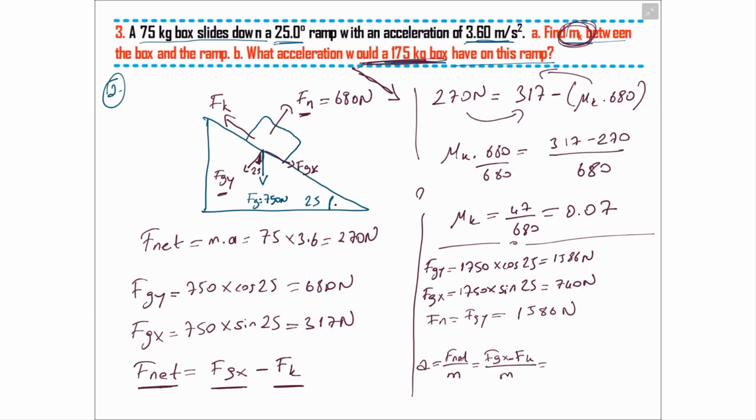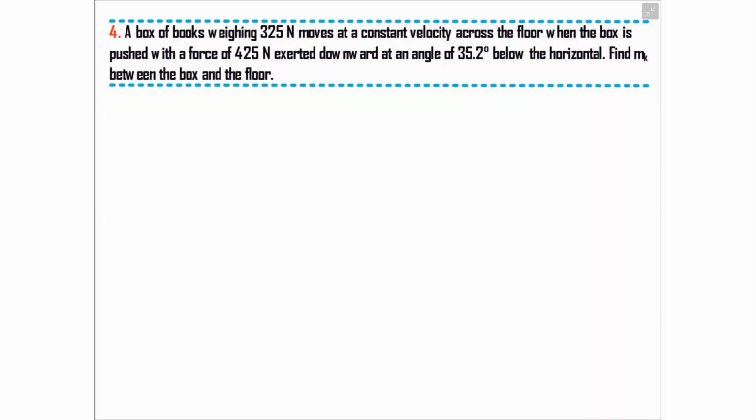So Fgx is 740 as we calculated, minus Fk, which is mu k times Fn, where mu k is 0.07 as we calculated in part A, times 1586, over mass. Mass will be now 175 kilogram. So acceleration is going to be 3.6 meters per second squared. Thanks for listening.